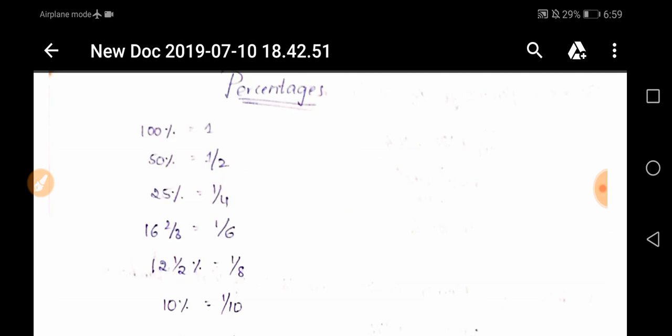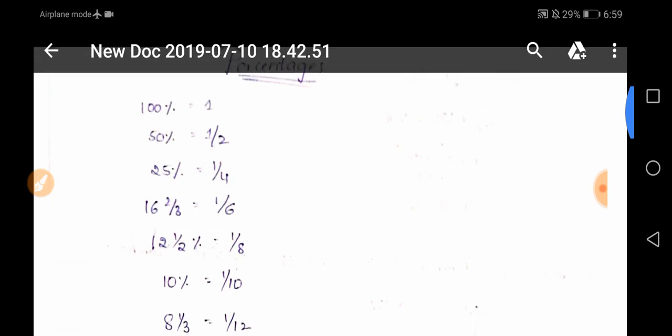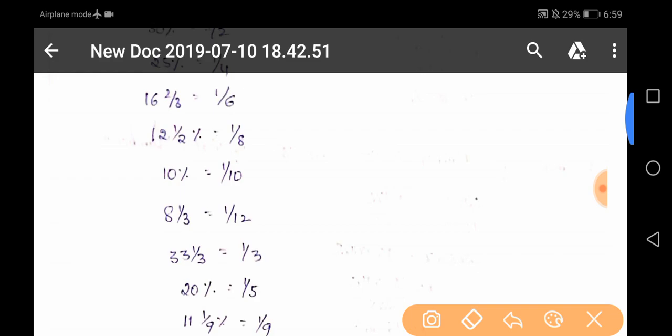I would like to tell about how to remember some of the percentages directly. No need to do it by 100 and solve it, it takes time. Just write down like this: 1 by 1, 1 by 2, 1 by 4, 1 by 6, 1 by 8, 1 by 10, 1 by 12, up to 1 by 12.